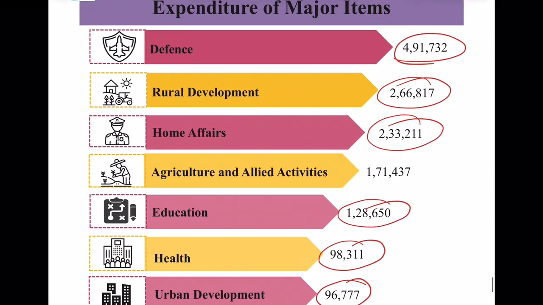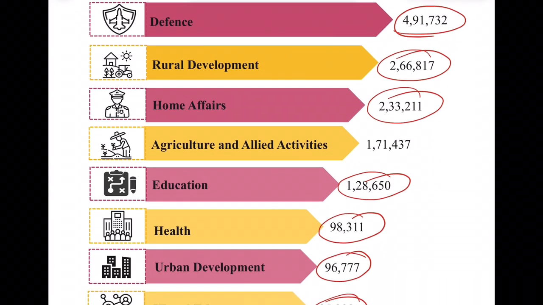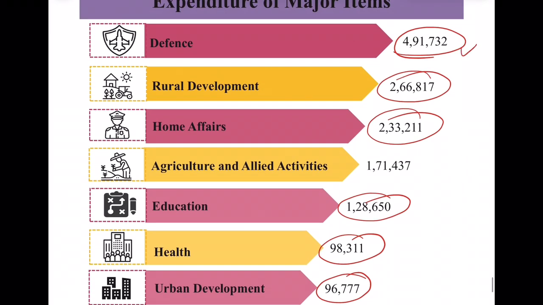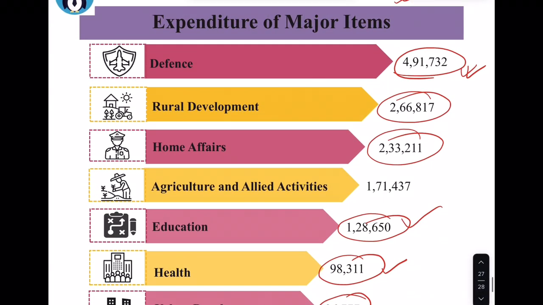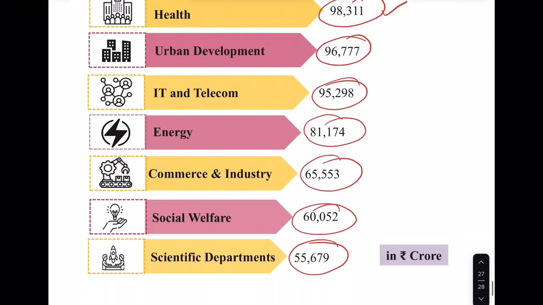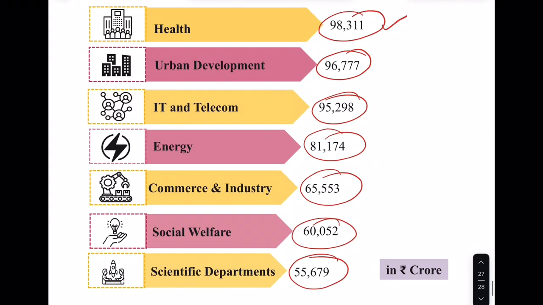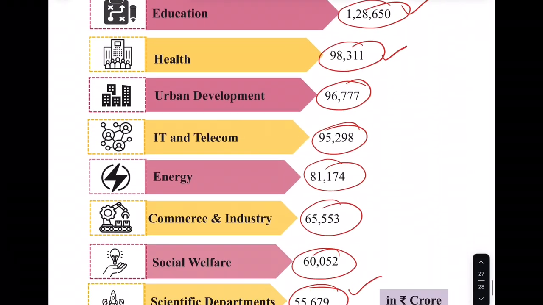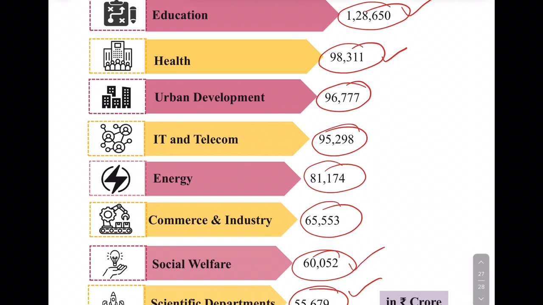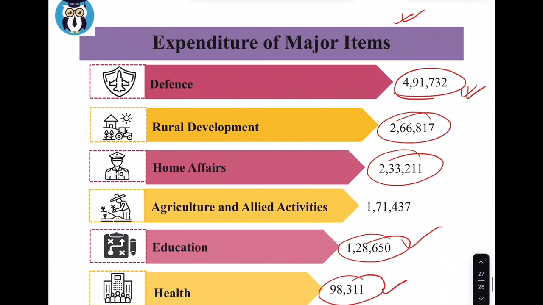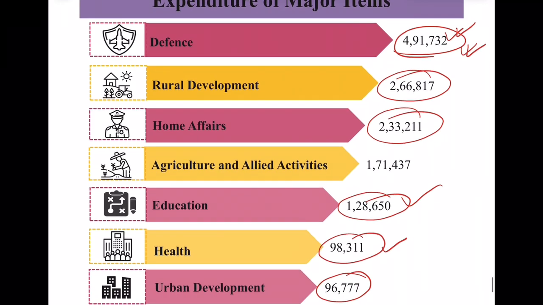One should compare that defense expenditure is more than health, education, and scientific department. You can compare social welfare. Even by combining these, I think defense is more than these four important sectors. So one can compare it.